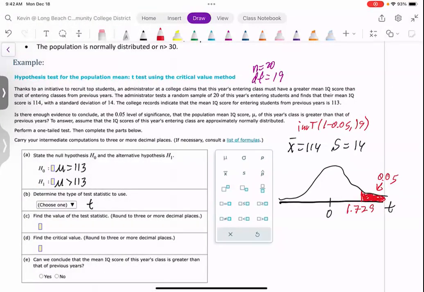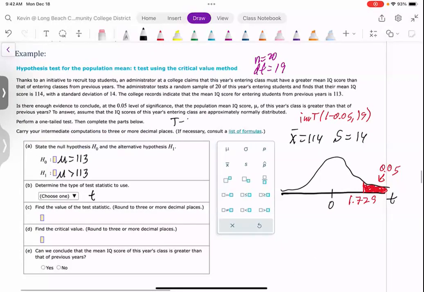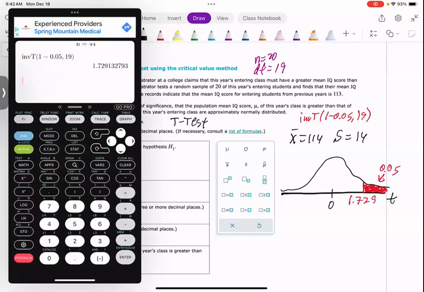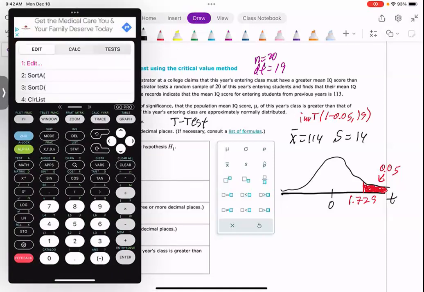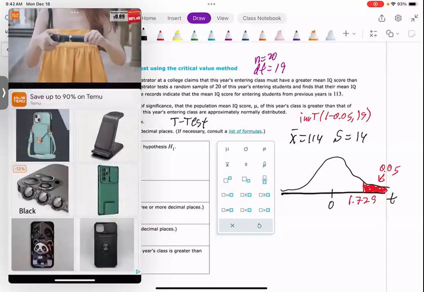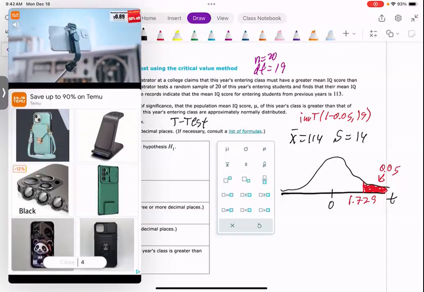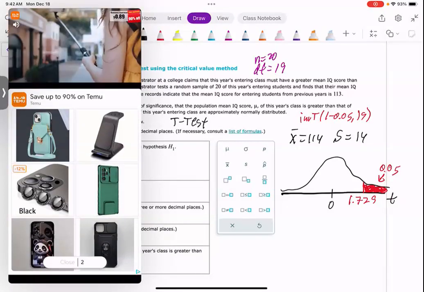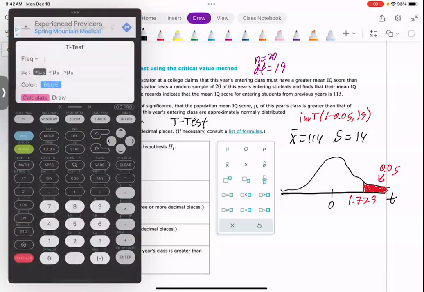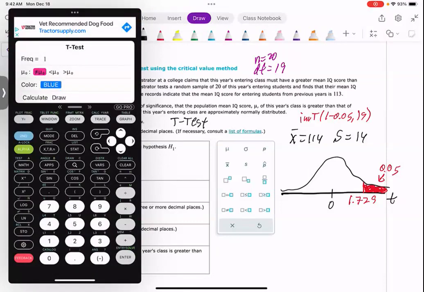So we are now going to find the test statistic. And once again, I want to remind us that we're going to be using a t-test for this one. So stat, tests, t-test. This one should close very quickly. There we go. So let's go to the top. We're using statistics in this case.